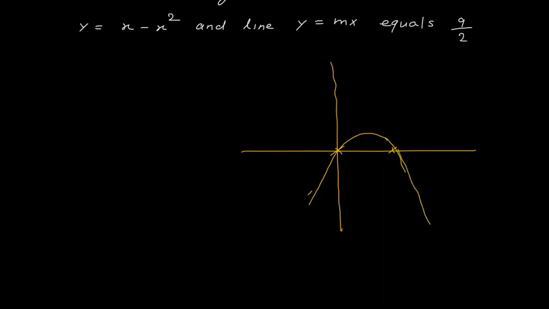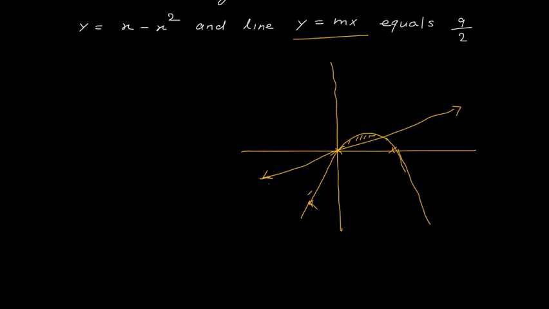Now, your area is given as 9 by 2. So if I take the line y equals mx, something like this, then we have to find this particular area. For this area, from this curve, I will subtract the area under this straight line.